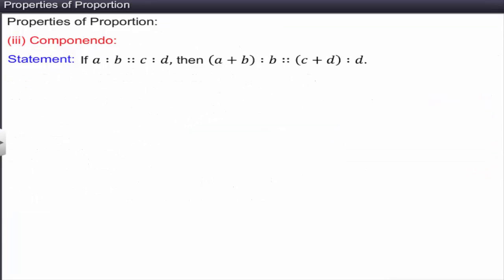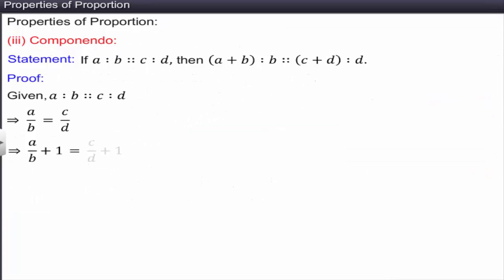Let's prove this property. We are given A is to B as C is to D. It can be written as A divided by B is equal to C divided by D. Now, let's add 1 on both the sides as shown.